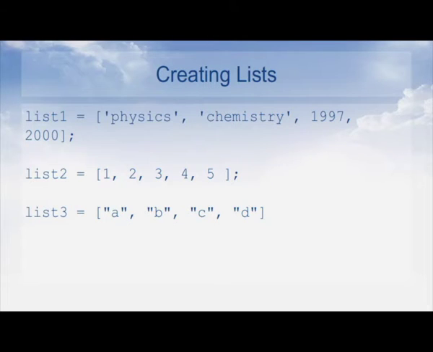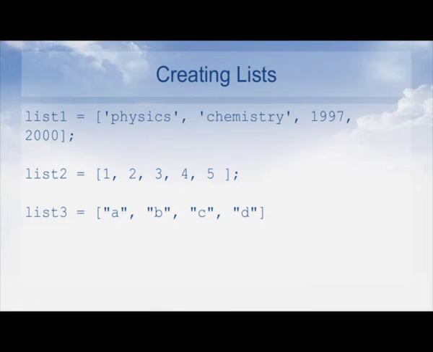For example, here in this slide you can see different ways of creating lists. I have created 3 lists. List 1 is a set of items where physics is the first item, chemistry is the second item, 1997 is the third item, 2000 is the fourth item.